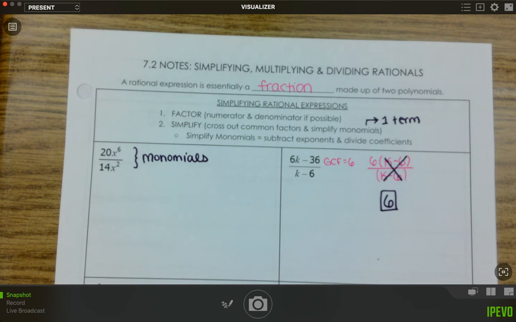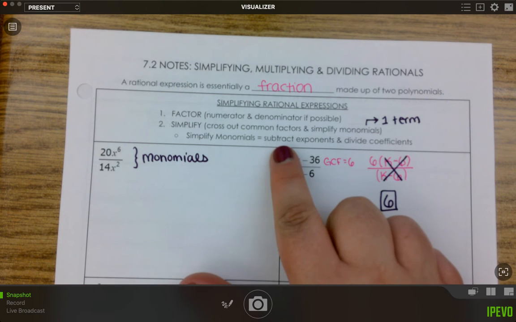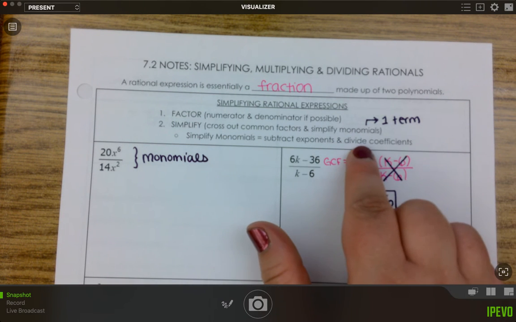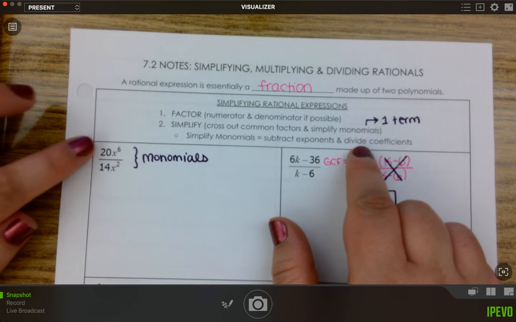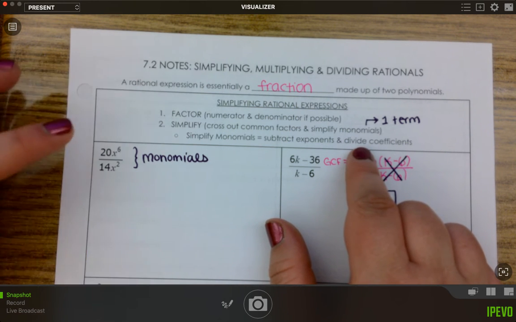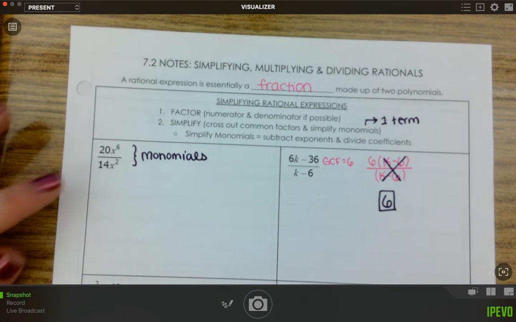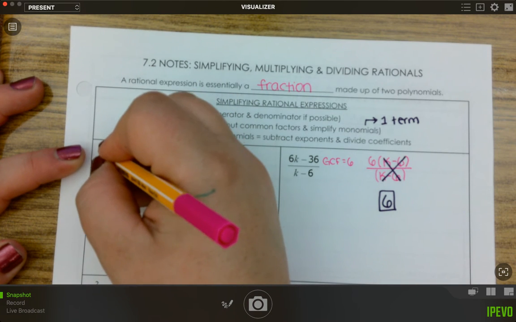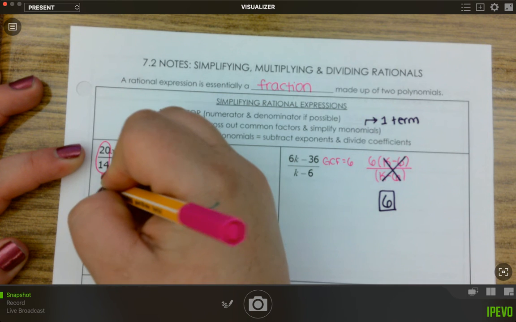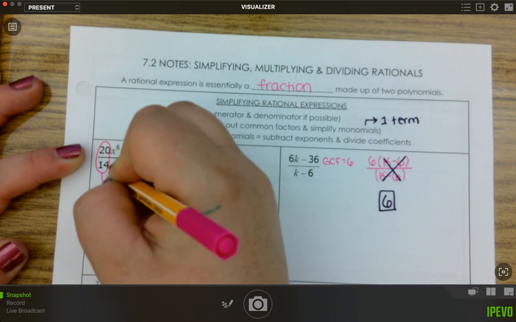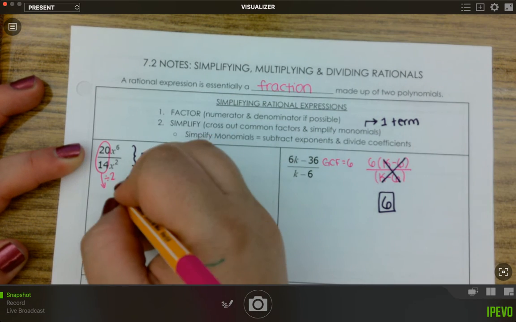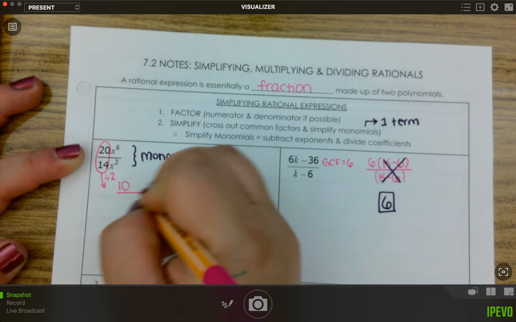Okay, so what that means is we're going to subtract the exponents and divide the coefficients. So I'm going to divide the coefficients first, but 20 divided by 4 is not a very nice number. So what we're going to do instead is divide them both by the biggest number we can, which is 2. That becomes 10 over 7.